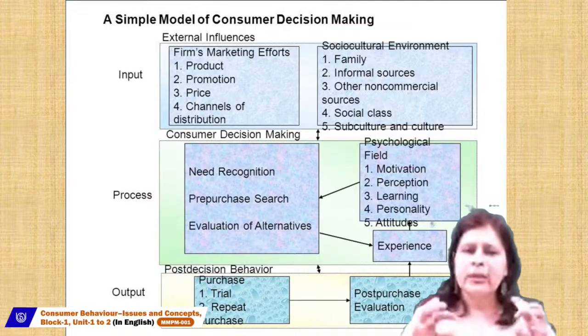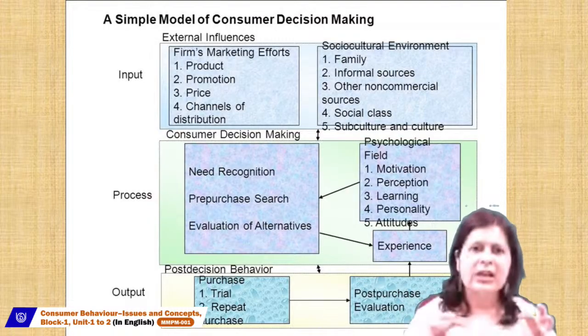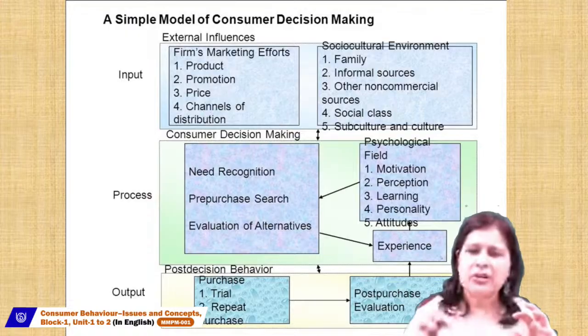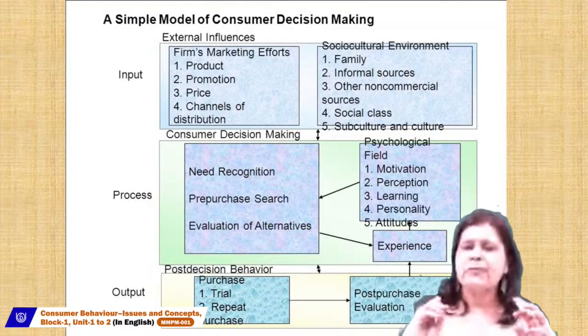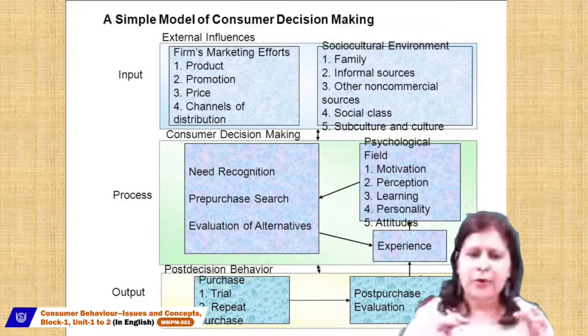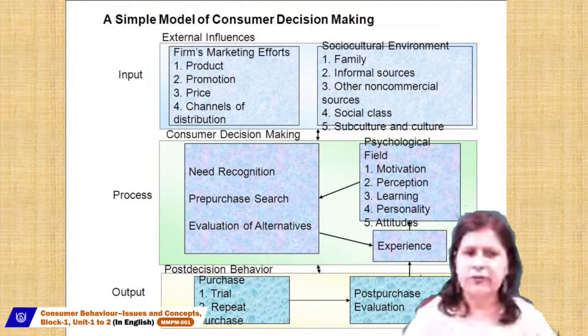The inputs are the various factors which influence consumer decisions, like external influences and the socio-cultural environment, like the firm's marketing efforts: product, promotion, price, and channel of distribution. All these factors influence consumer decision making.